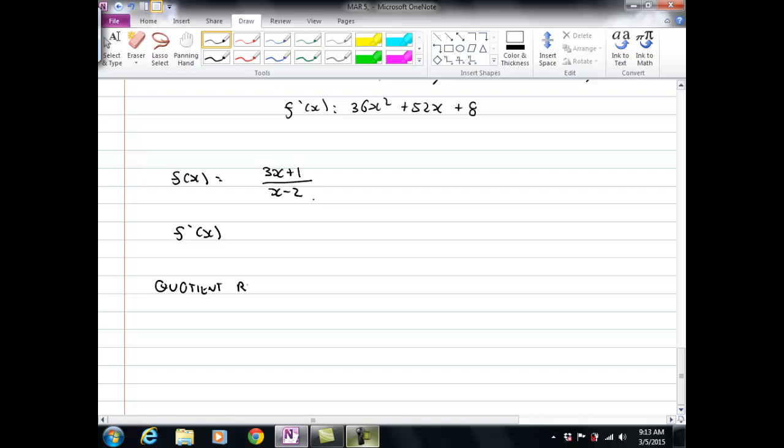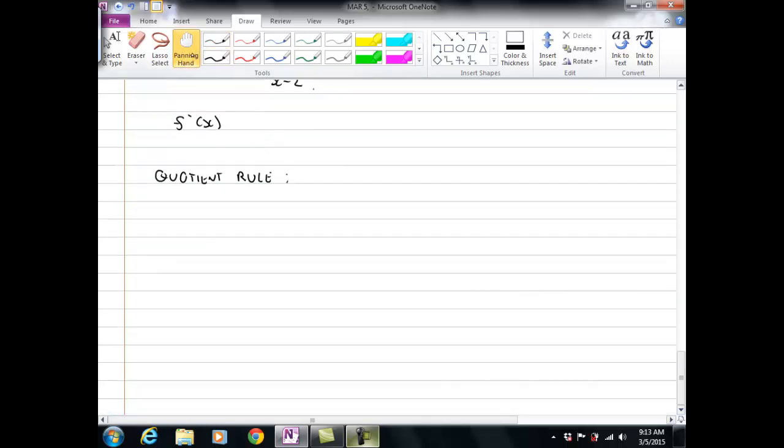Okay. Quotient rule. Again, I'm going to use the straight formula that the book gives you. And I'm going to show you how complex it is. And I'm going to show you how I make it easier.